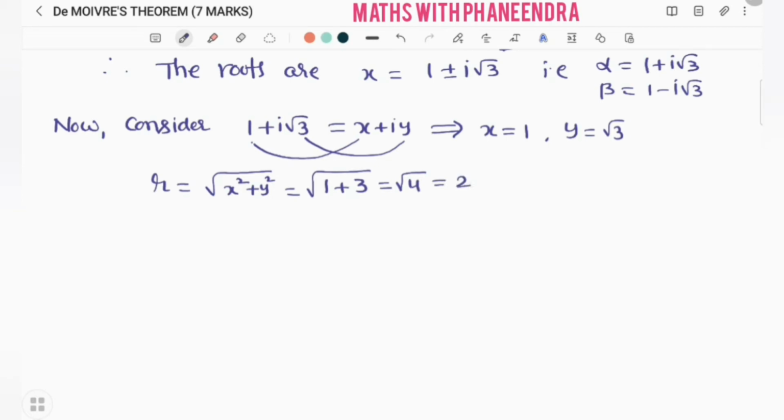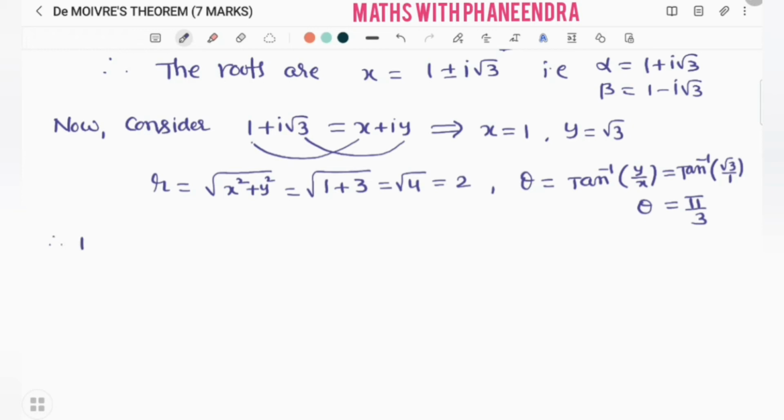So after getting the value of r, we need to calculate theta also. Theta is equal to tan inverse of y by x. So tan inverse of root 3 by 1, which is equal to pi by 3. That means 60 degrees.